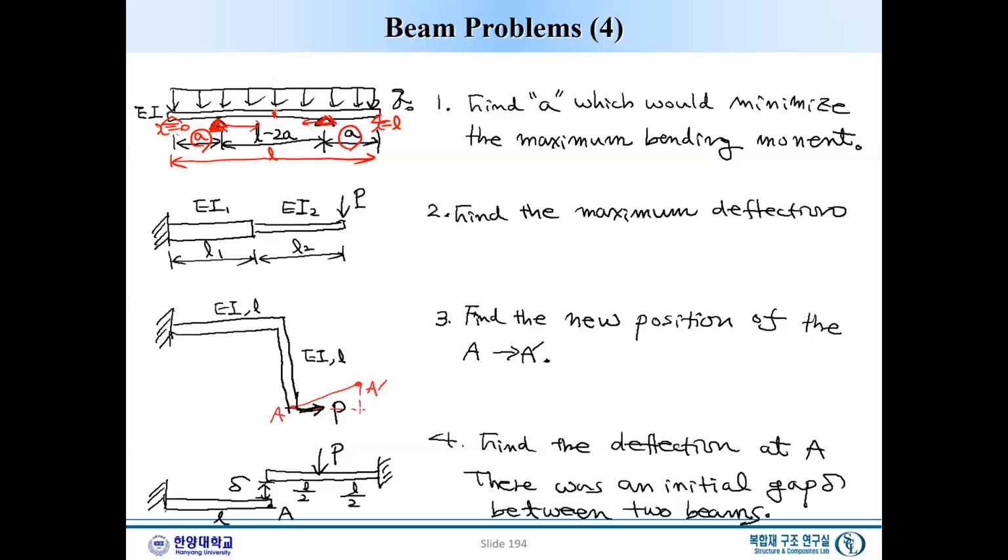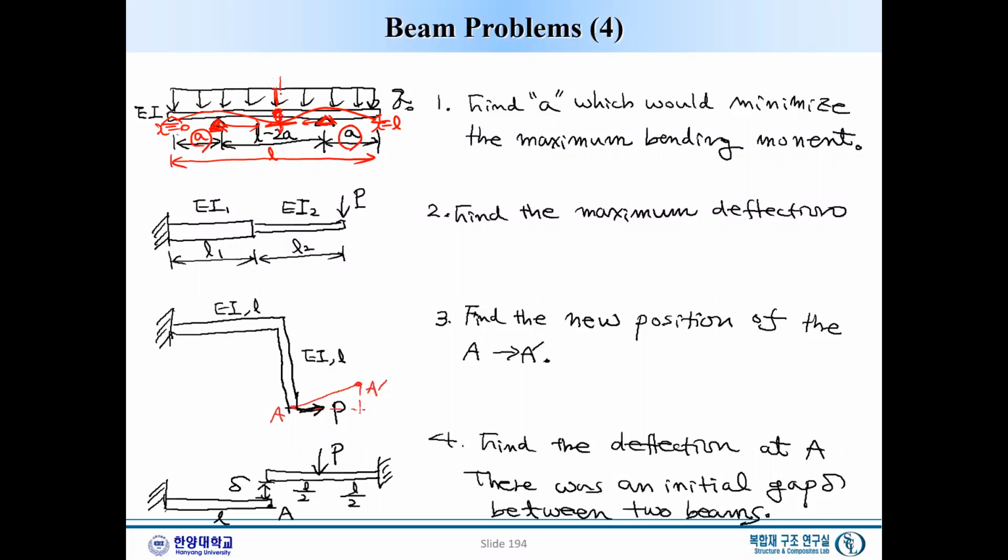Actually, it's not just clamped. When we covered the boundary conditions, we learned about the sliding boundary condition. Sliding, what does it mean? When it deflects like that, the slope is always 0, but it can freely deflect in the vertical direction.